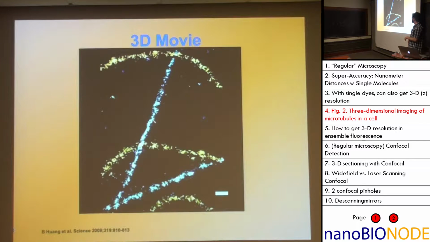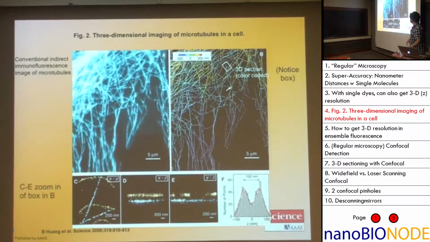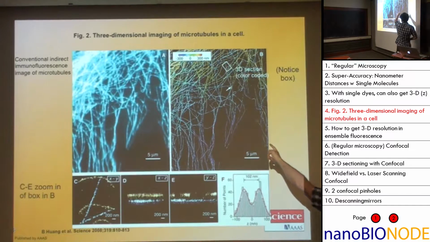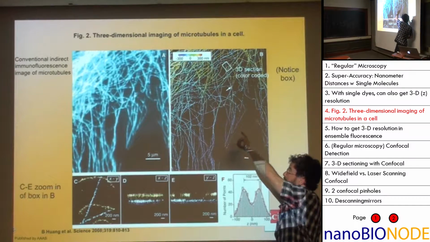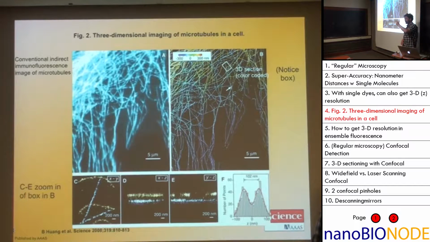Sorry about that. But you can see at each point you get X, Y, and Z, and therefore you can, afterwards, rotate it around so you can see. That happens to be where you can do single molecule microscopy.